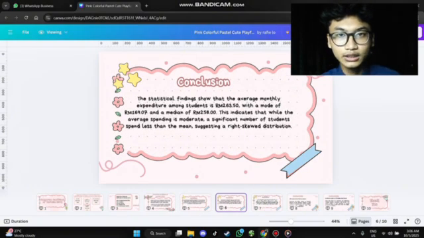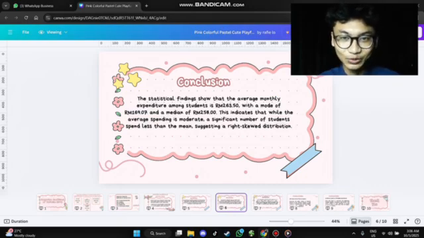The statistical findings show that the average monthly expenditure among the students is RM263.50, with a mode of RM169.07, and a median of RM258.